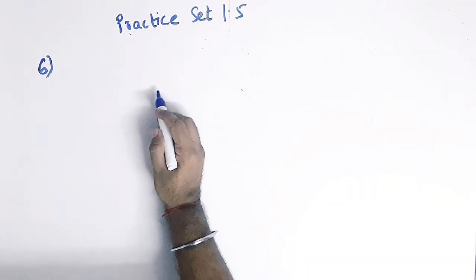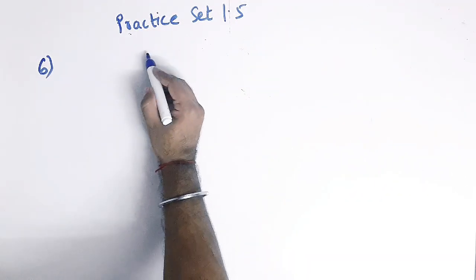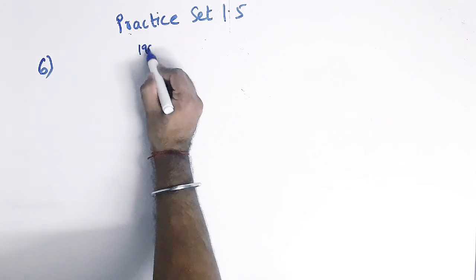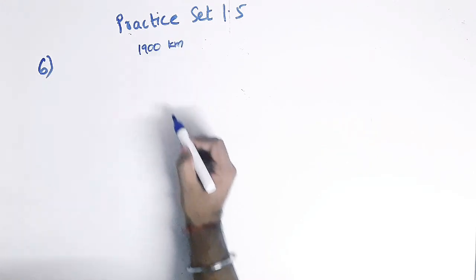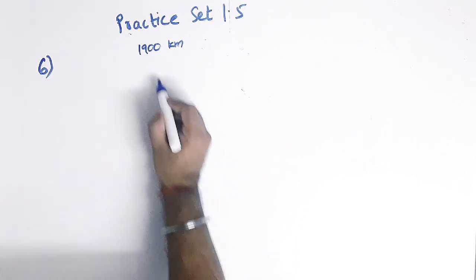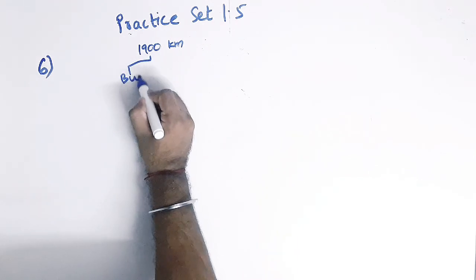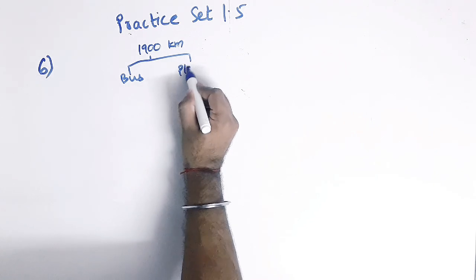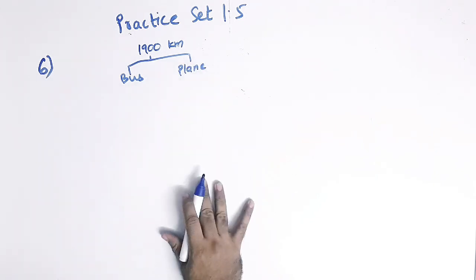Then let us move on to the sixth one, which says out of 1900 kilometers traveled by Vishal, some distance is covered by bus and some distance is covered by plane.